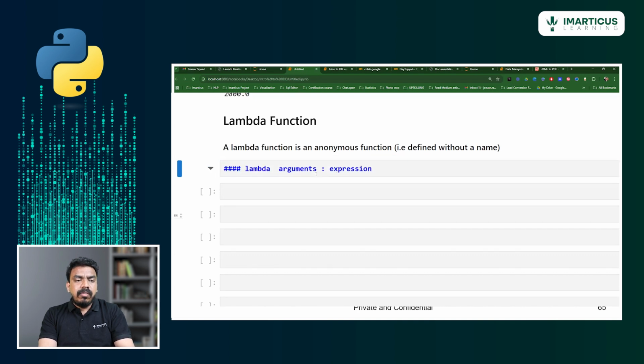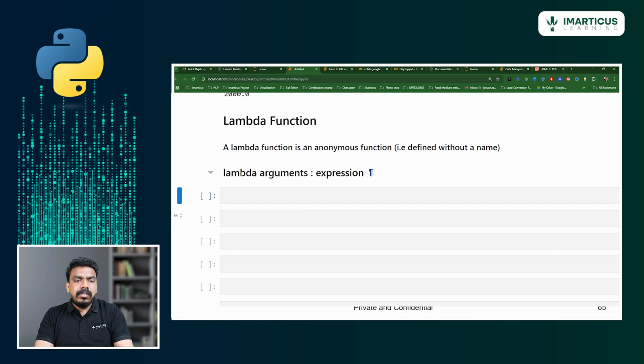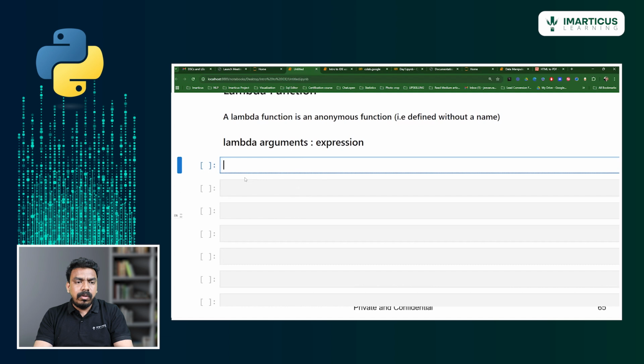So lambda is the keyword, then you specify the arguments it takes, and then the expression that you want to perform on top of it.